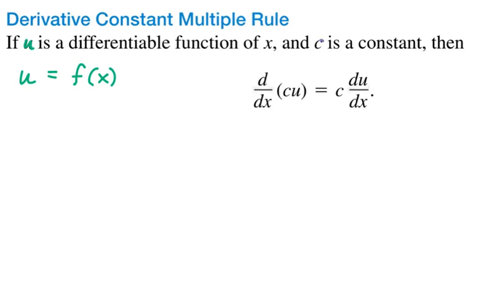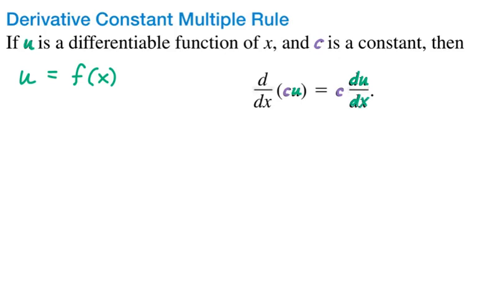If we have some constant c, if I'm taking the derivative with respect to x of some constant times u, I can pull that constant c out in front, and then I have taken the derivative of u with respect to x.